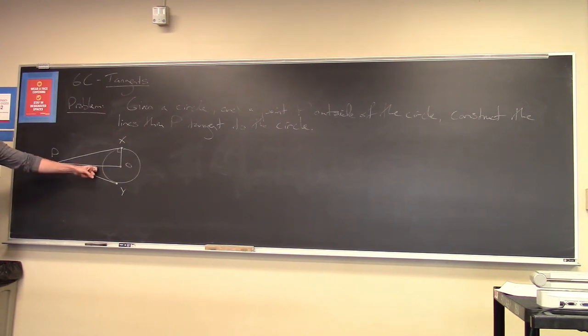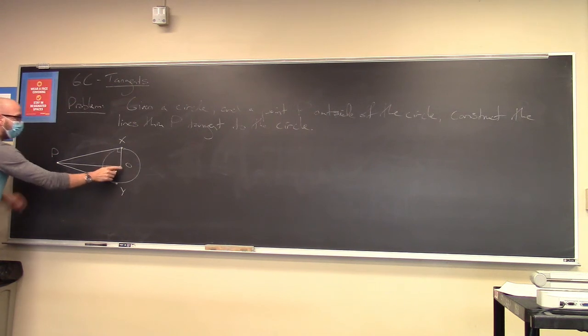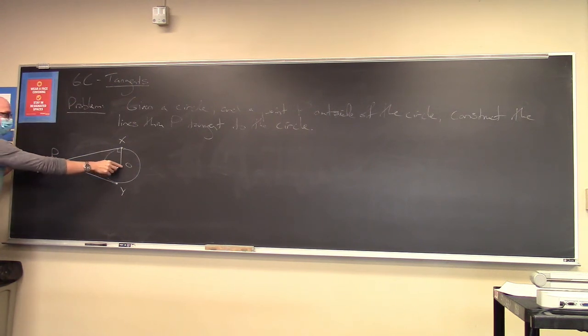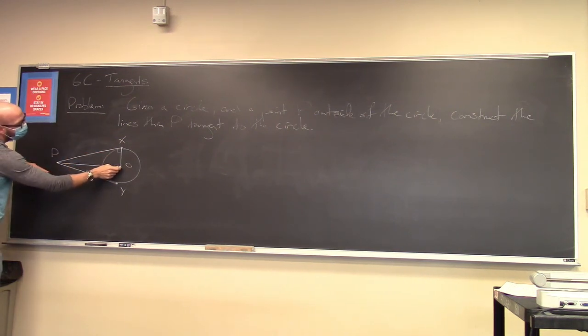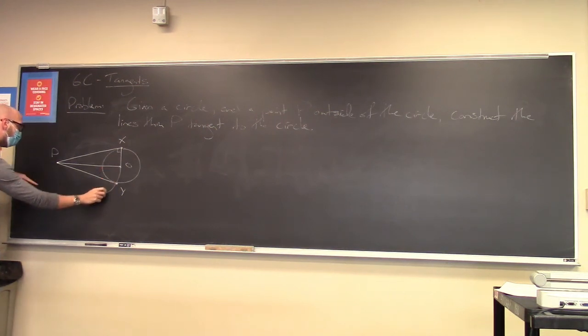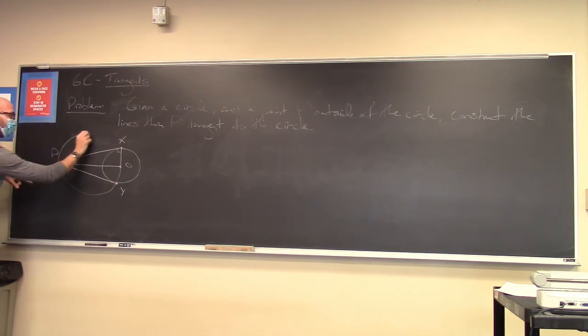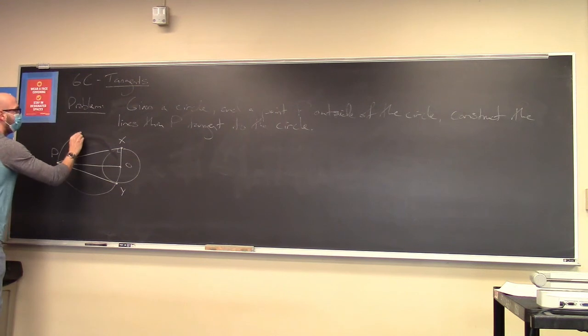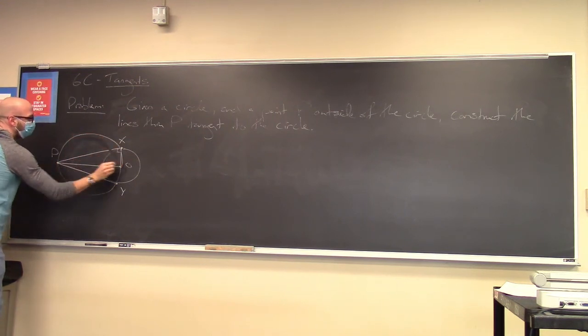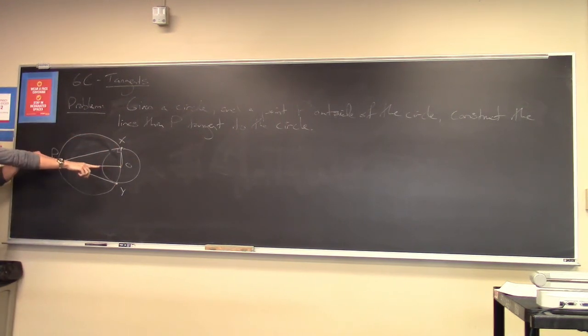Since this is the hypotenuse of a right triangle, if I drew the circumcircle of this triangle PXO, this must be a diameter, right?